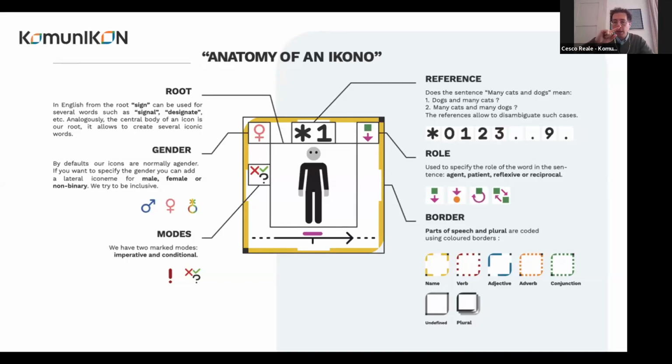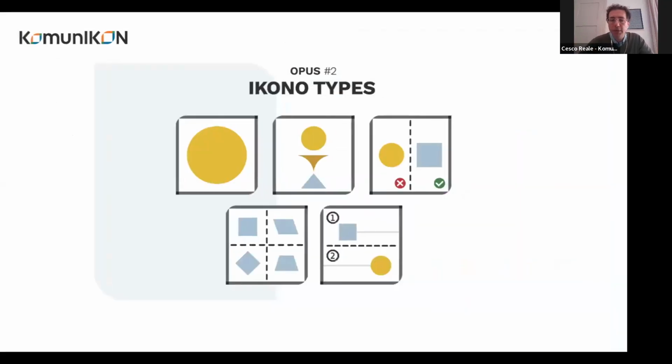And then also a gray is just undefined part of speech. And then a multiple border means plural. Finally, we have the time tenses. So we have a timeline to describe the tense and also the aspect of the action, if it is a punctual action or a during action, like I am going, for example, etc., or even a repetitive action, etc.